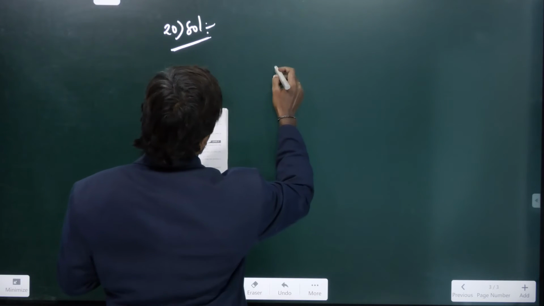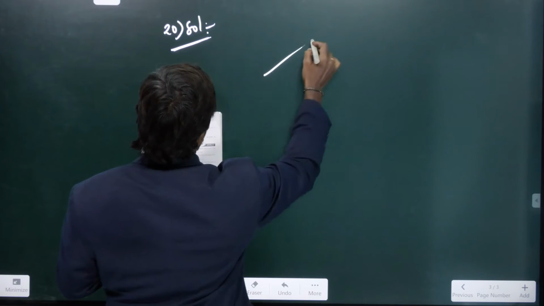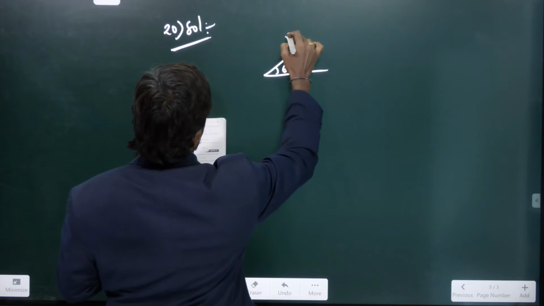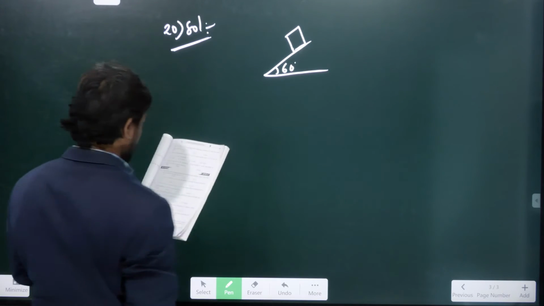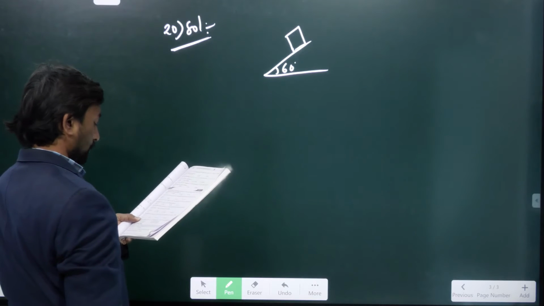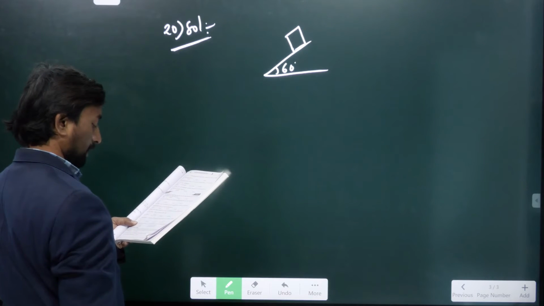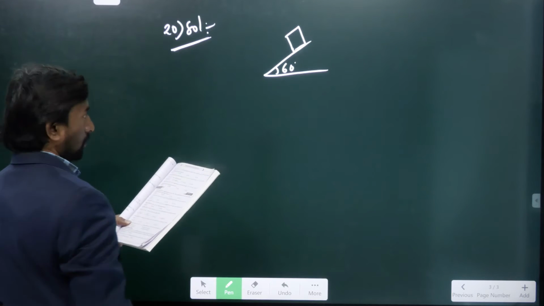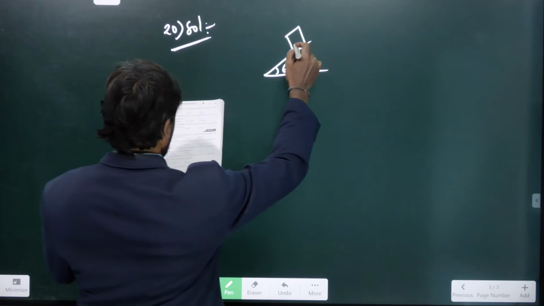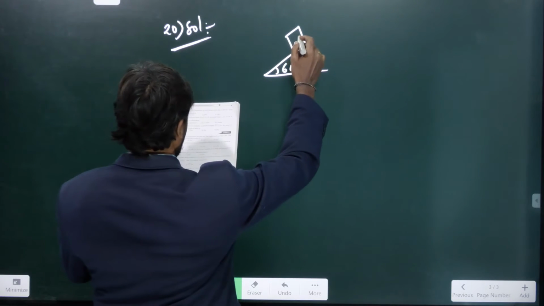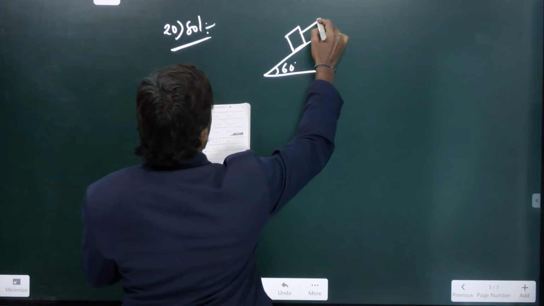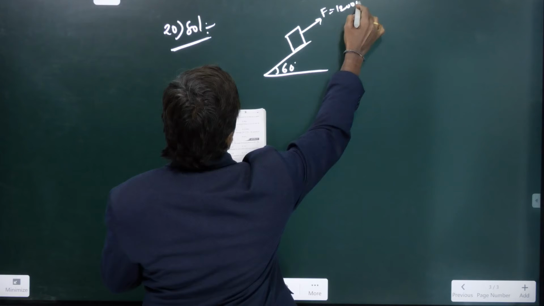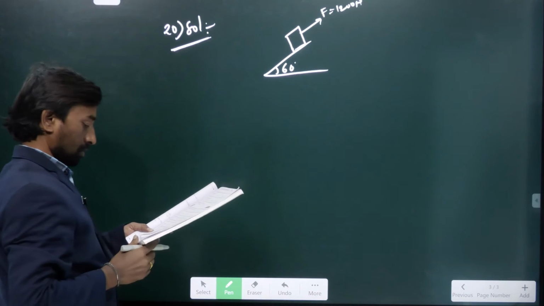See now, this is an inclined plane, there is a 60 degrees angle, and here a stone is there, and the force is acting by means of a rope tied like this. F is equal to 1200 newtons.